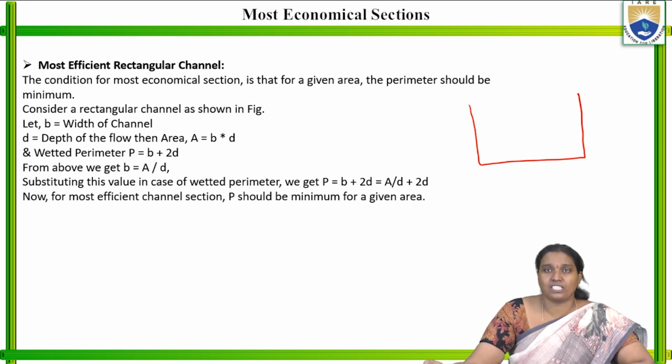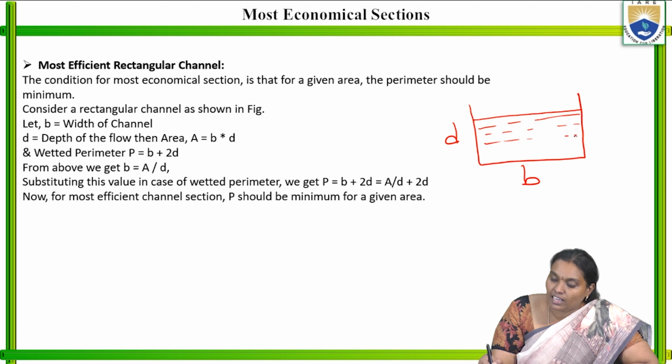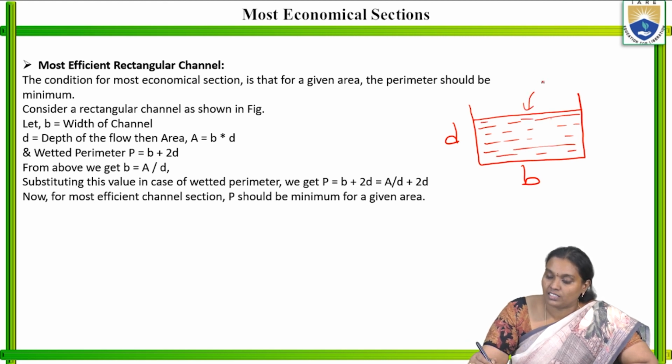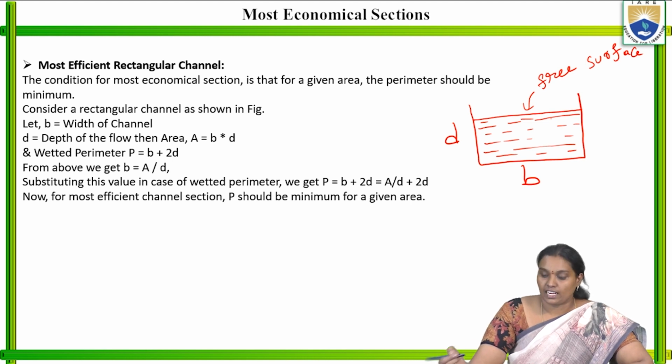B is the width of the channel, and D is the depth of the channel, up to the water surface. This is the free surface.